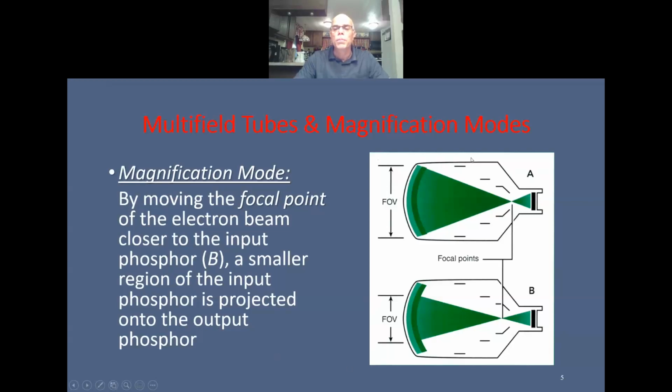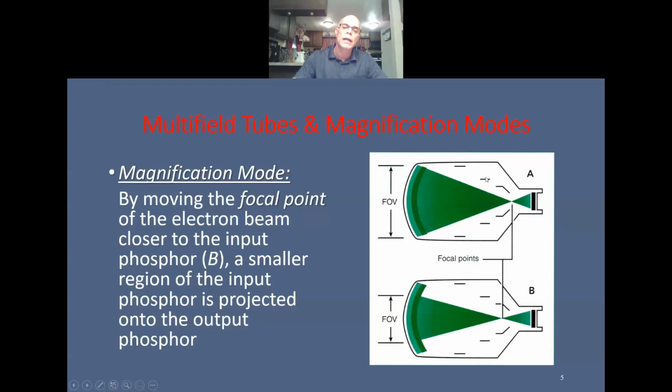So as we put more voltage on these, it pushes them in even tighter, causing your focal point to move closer to the output. You can see where this one's here, this one's way back here in relation to the accelerating anode. So for the magnification mode, what actually happens is you're increasing the acceleration of these accelerating lenses here and your anode.